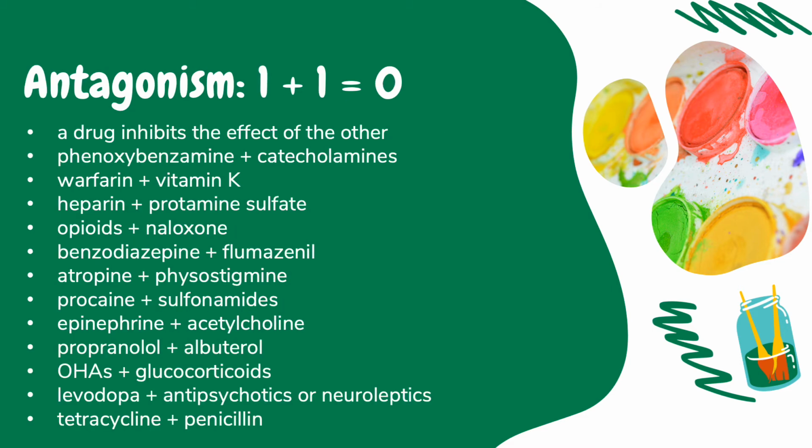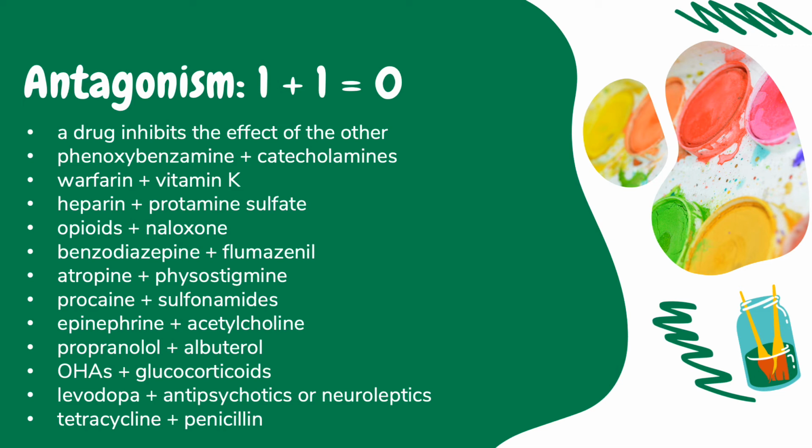Another type of pharmacodynamic drug-drug interaction is antagonism, where 1 plus 1 makes 0. That means a drug inhibits the effect of the other, or they cancel out each other.